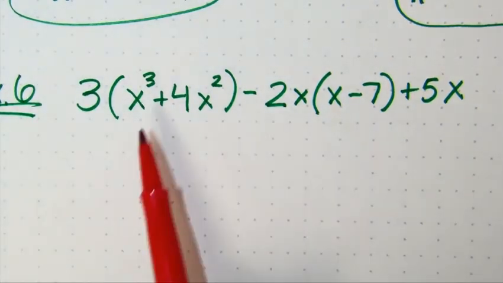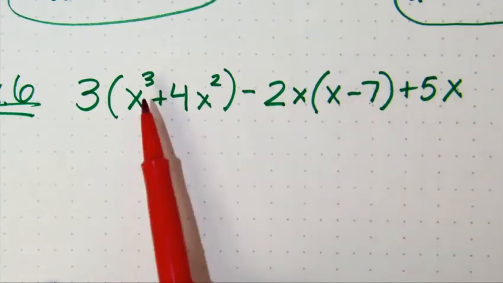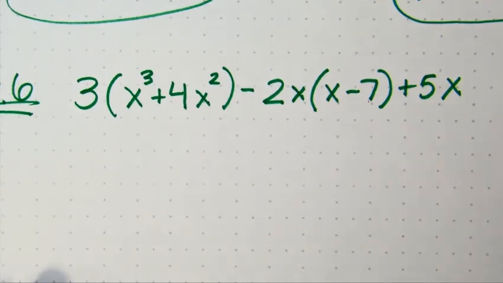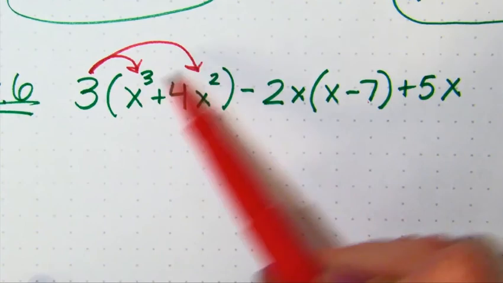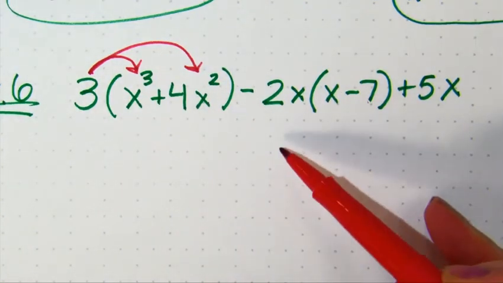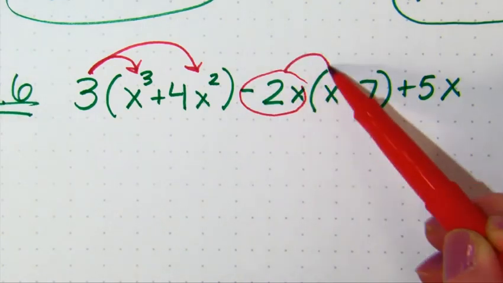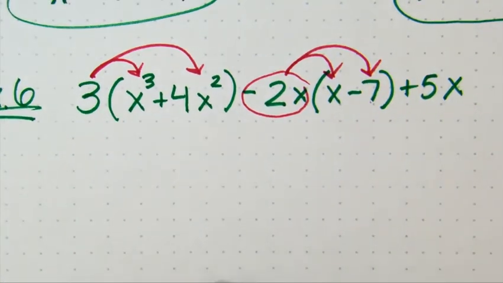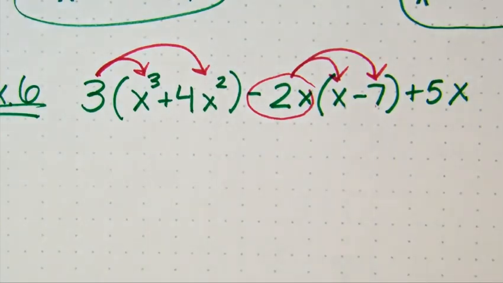So nothing I can do inside my parentheses, nothing I can do with my exponents. So I go to multiplication, which means I'm going to distribute. The 3 is going to distribute inside this expression. A negative 2x is going to distribute inside this expression. I have plus 5x on the end. Nothing we can do with that right this minute.